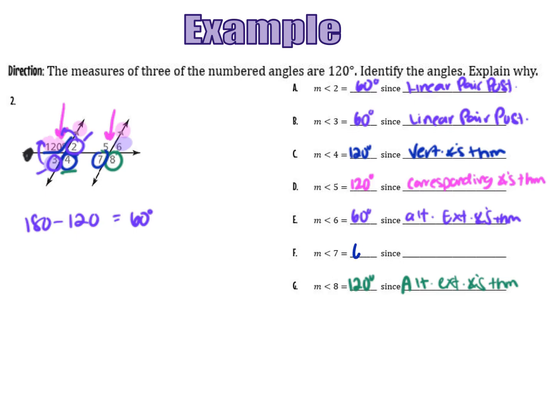Either way, the measure of angle 7 is going to be 60 degrees, and I'm going to say because of the vertical angles theorem. So there's a lot of different ways to go about doing this, but it's really important that you understand that relationship that's occurring between the angles formed by the parallel lines and the transversal.